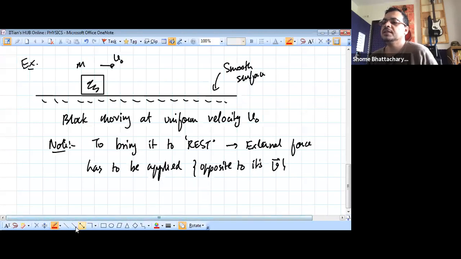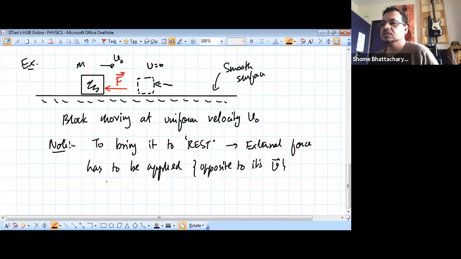So you have to apply the external force like this. Only then, by the application of this force over a certain period of time, the block might eventually come to rest. Its velocity might become zero, if you apply the correct amount of force for the correct amount of time. Yes, impulse in other words.